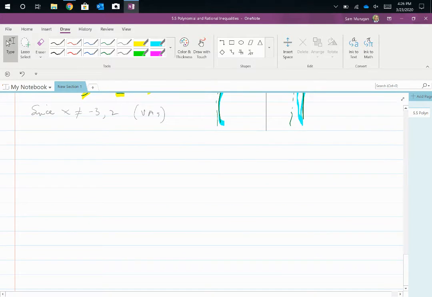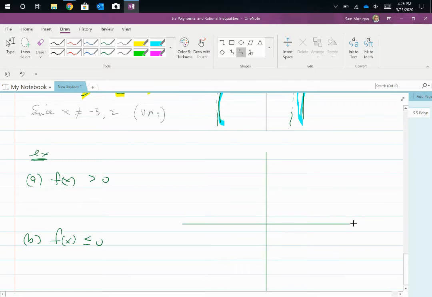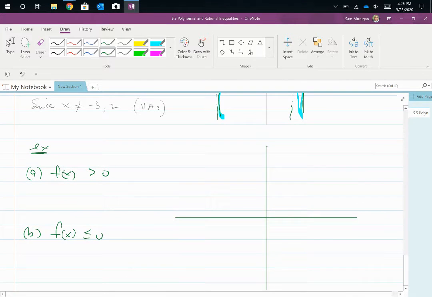One more graphing question, and then we're going to look at some algebraic questions. f(x) greater than 0 and f(x) less than or equal to 0. So f(x), domain negative infinity to infinity.